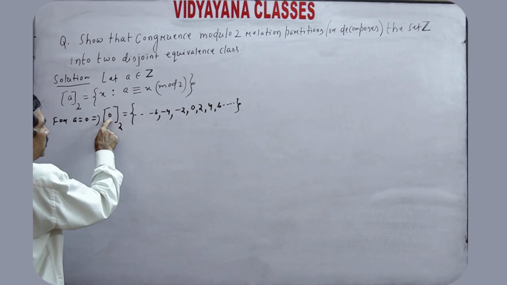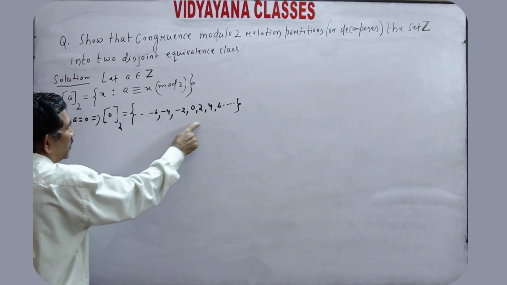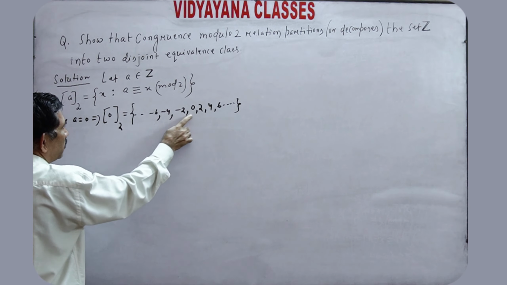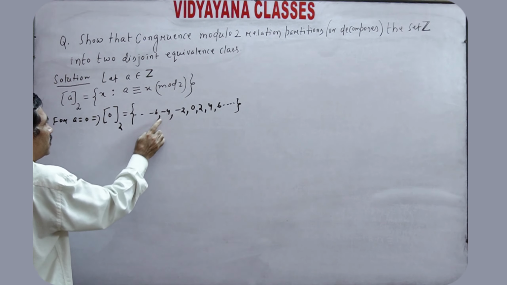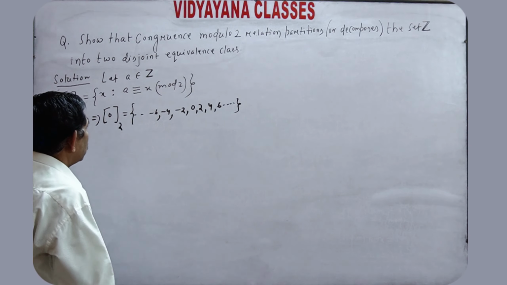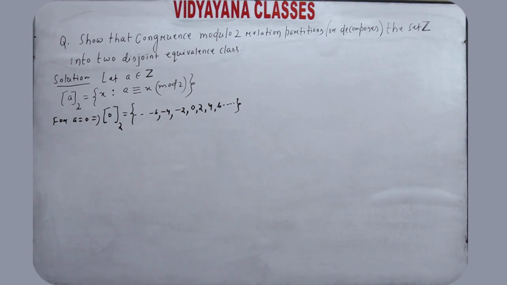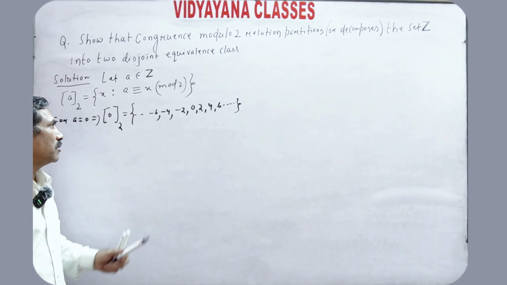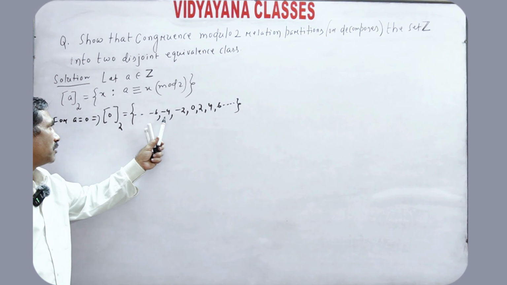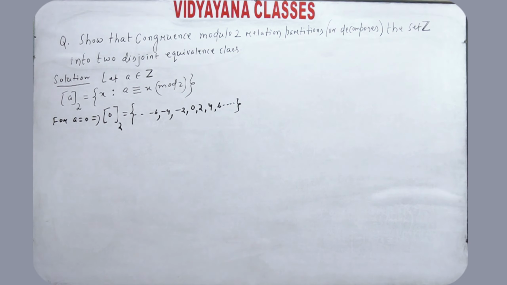Here a is 0 and these are the x. 0 minus 0 is divisible by 2, 0 minus 2 is divisible by 2, 0 minus 4 is divisible by 2, and so on. So the equivalence class of 0 modulo 2 is the set containing 0, 2, 4, and so on, and minus 2, minus 4, minus 6, and so on.